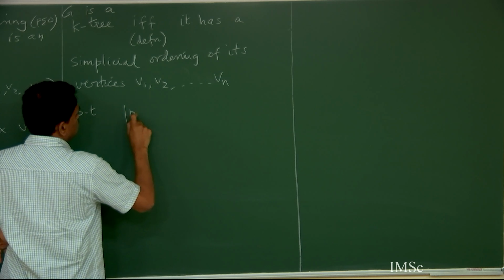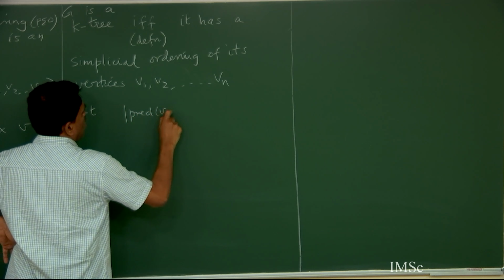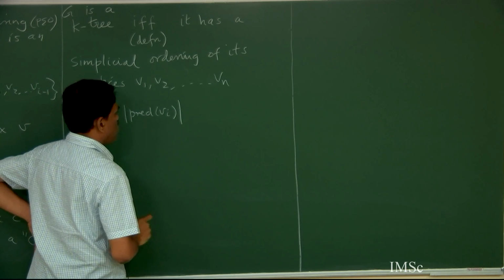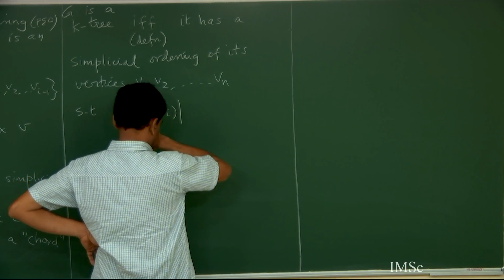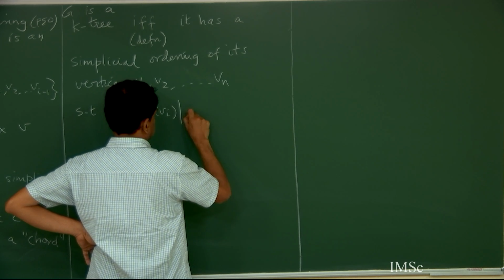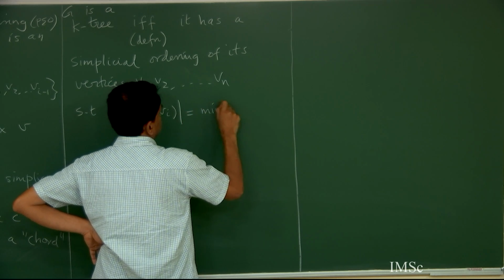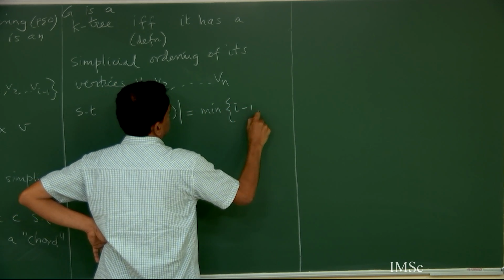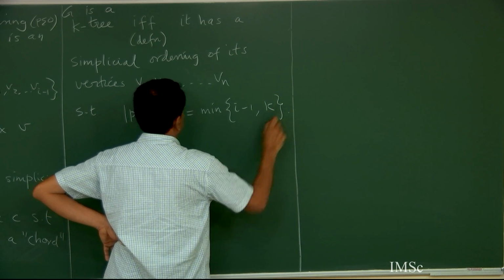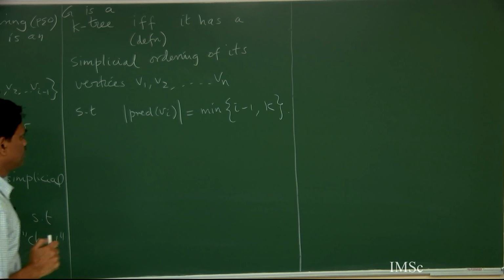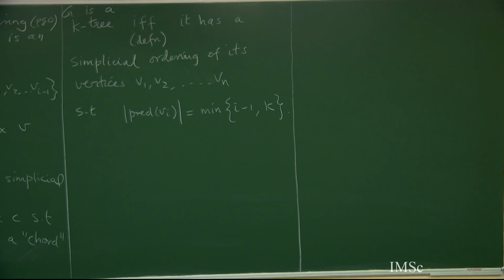this is a cleaner way of saying it. So, what am I saying? That it has a simplicial ordering. What that means is that for every vertex, you look at the predecessors, they induce a clique.